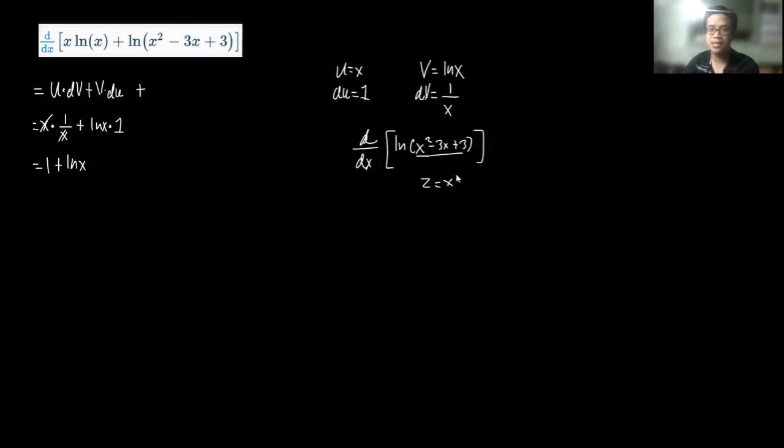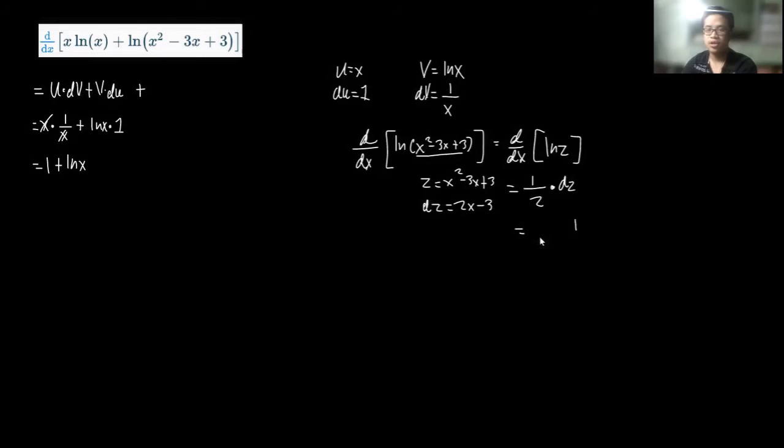So let z be x squared minus 3x plus 3. To get the derivative of your z, you will have 2x minus 3. Since z is equal to this particular trinomial, I will have the derivative of ln of z. The derivative of ln of z is just 1 over z, then times, don't forget its partner, dz.